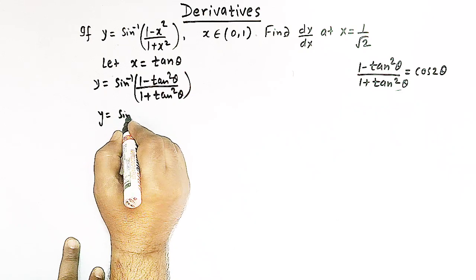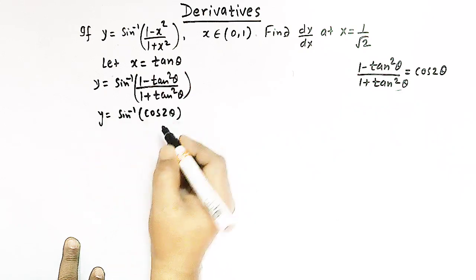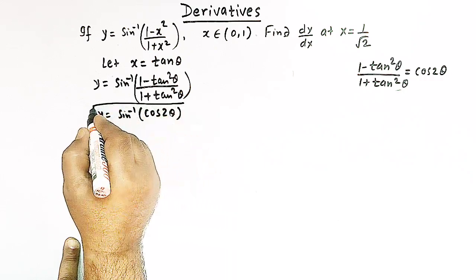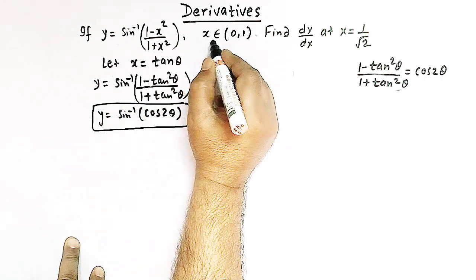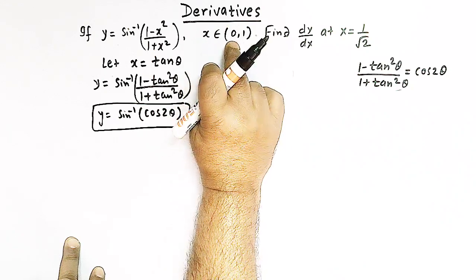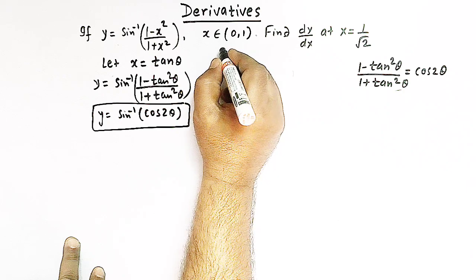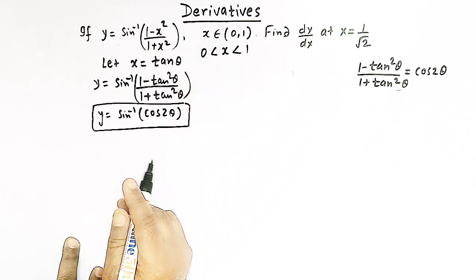So we now have sine inverse of cosine 2 theta. This is an important expression. We are also given the condition that x belongs to the interval (0, 1), that is, x is greater than 0 but less than 1.